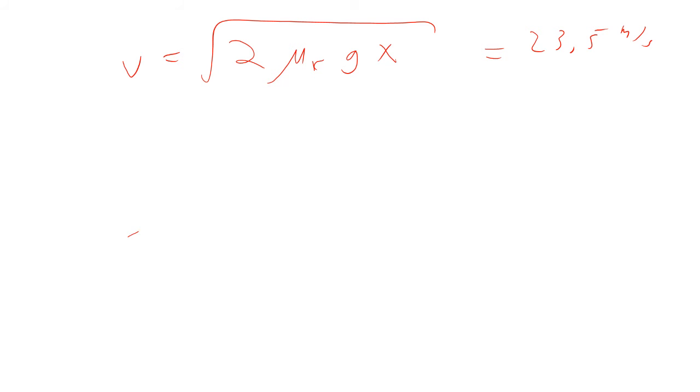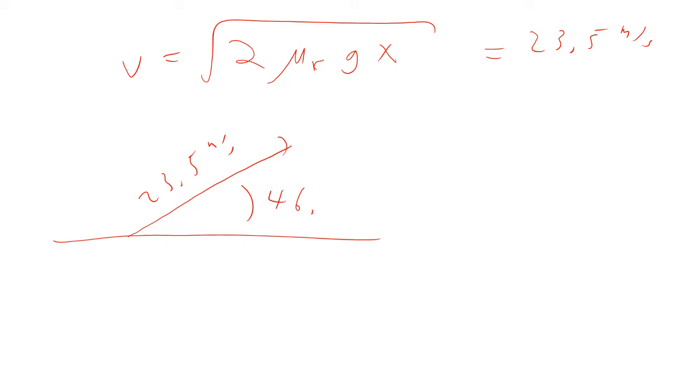Okay, so it's moving here at 23.5 meters per second at an angle of 46.1 degrees. So the total momentum is going to be mv. So, that's going to be m1 plus m2 times v.